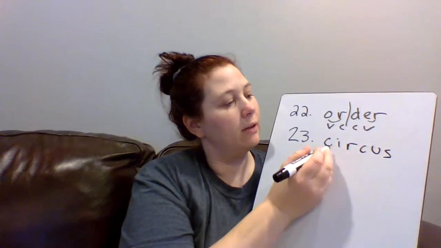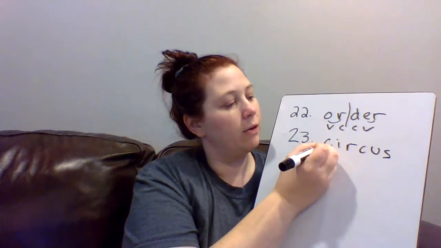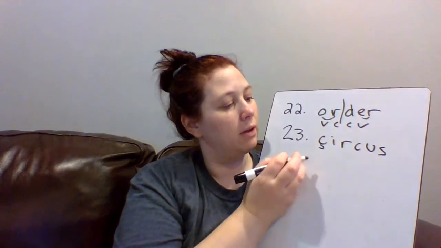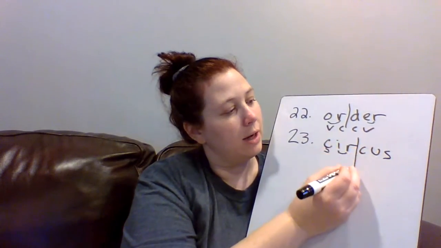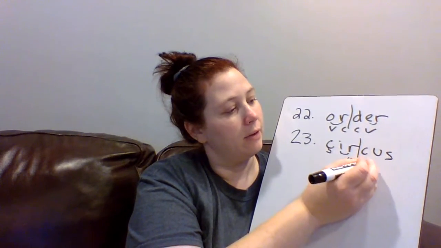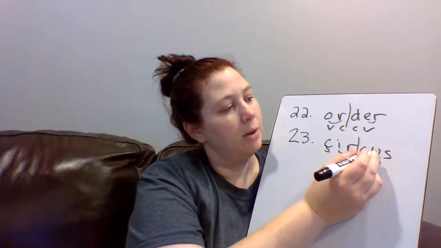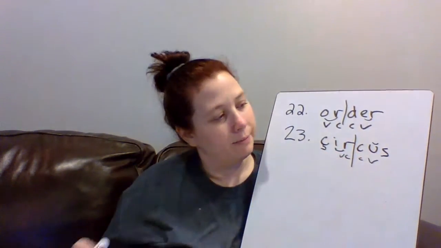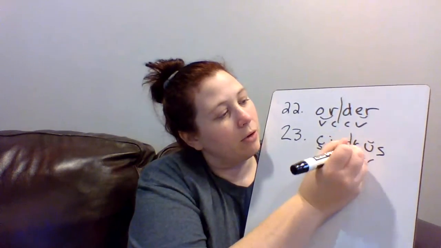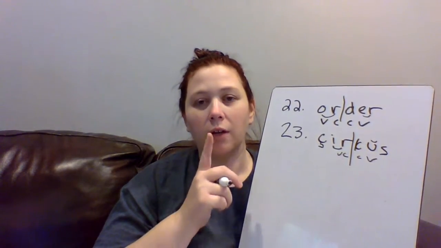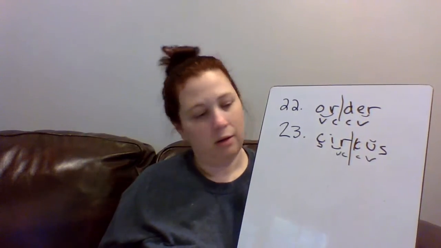Circus. What are we hearing in that? We have our soft C, so it gets the sibilant. Here we have IR. We're going to draw a line because we also have vowel, consonant, consonant, vowel. Here we have vowel, consonant. We get a brev. And I think that's all. Oh, and we would add a K back to our second C because sir and then cuss. All right.